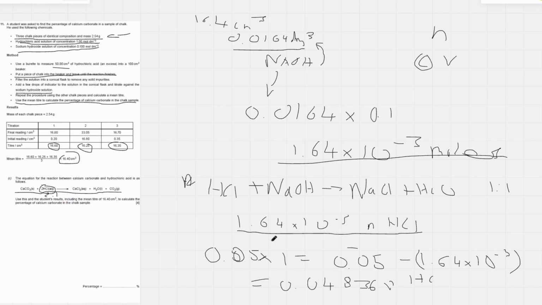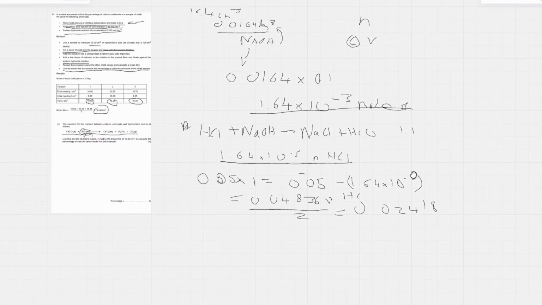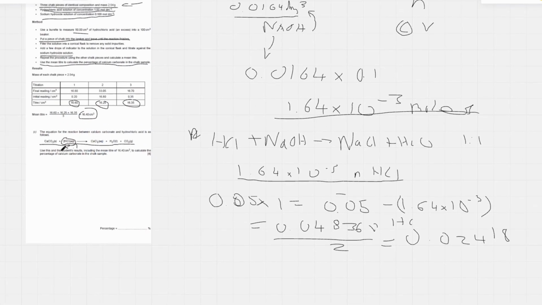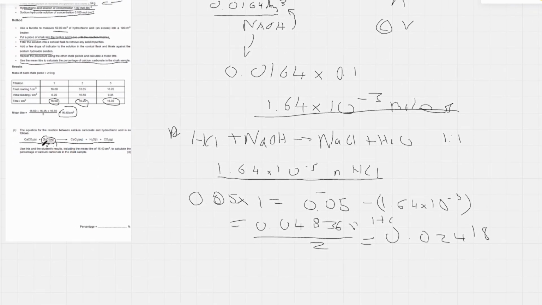And because it's a 2-to-1 ratio, we have to half this, so divide by 2 equals 0.02418, and this is the moles of CaCO3 that were used in the reaction.